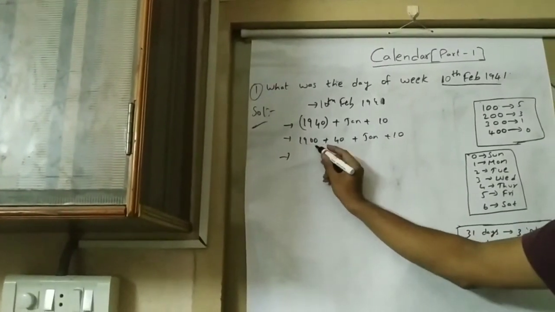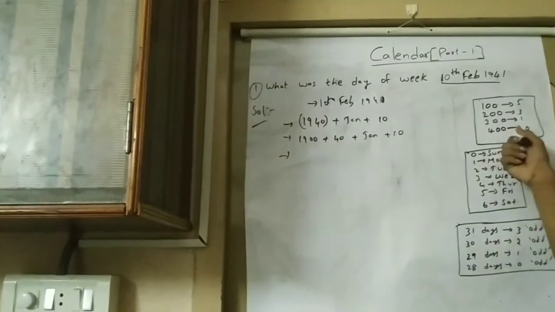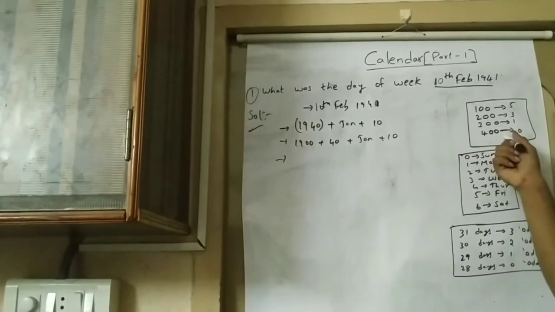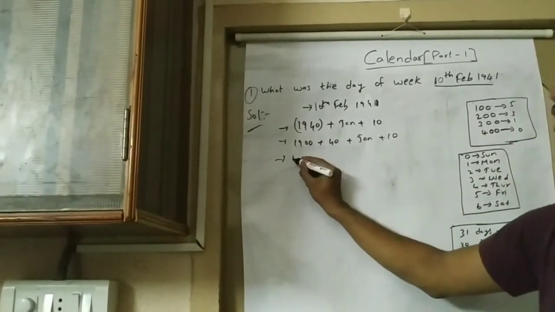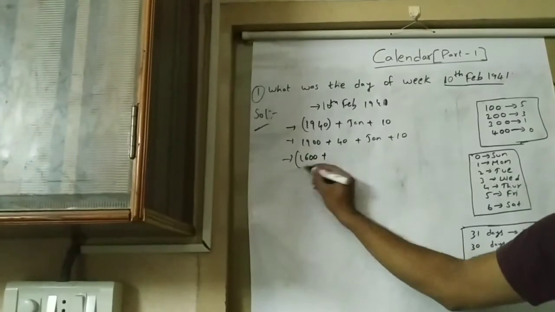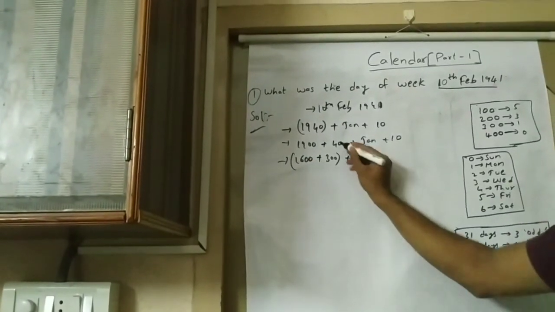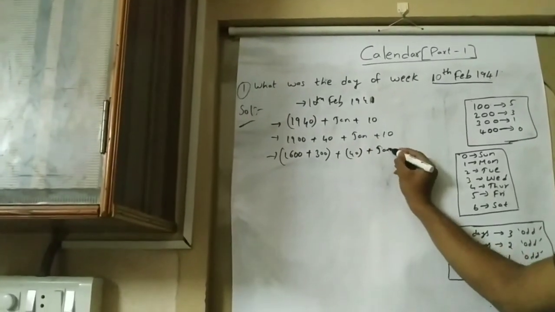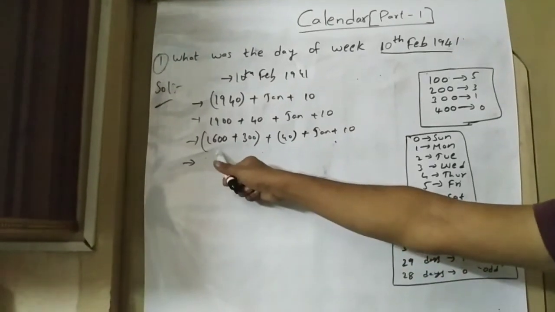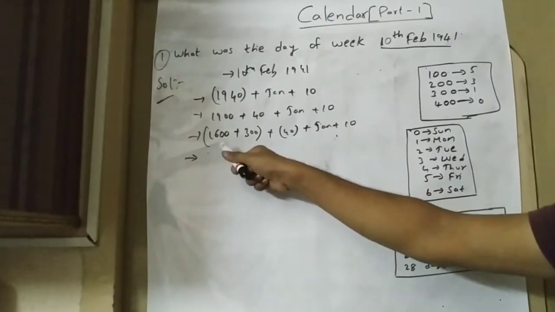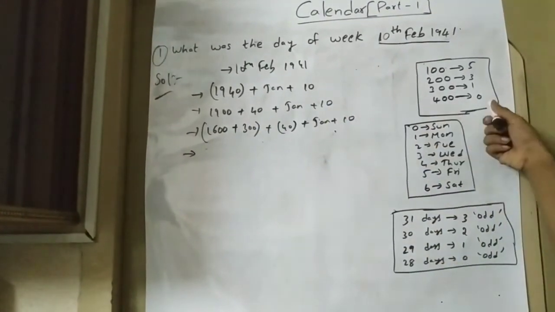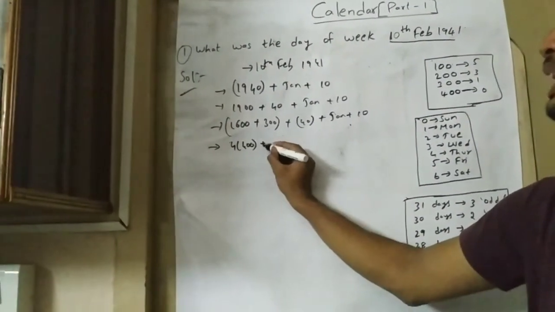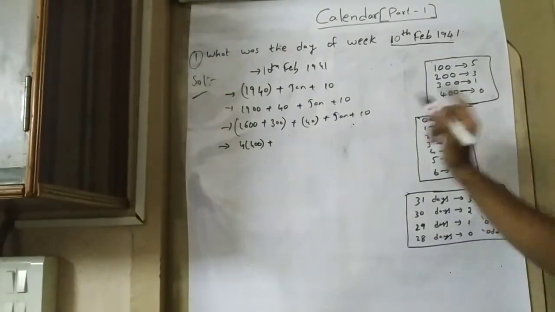Here 1900 we can write using the nearest multiple of 400. So 4 into 400 is 1600. So 1600 plus 300 plus 40 years plus January plus 10. Here 1600 is a multiple of 400, so for multiples of 400 there will be 0 odd days. So we can write it as 4 into 400, plus for 300 years there is 1 odd day.